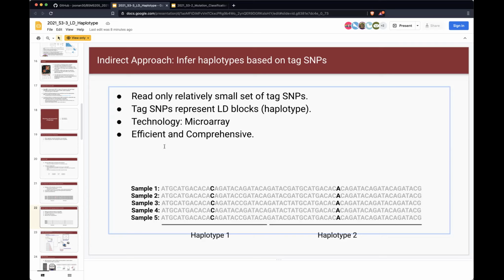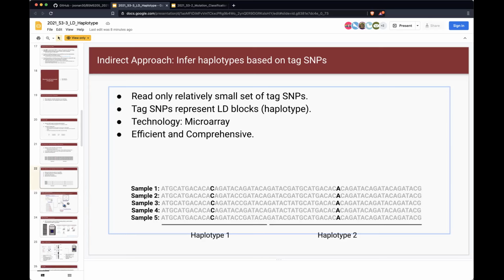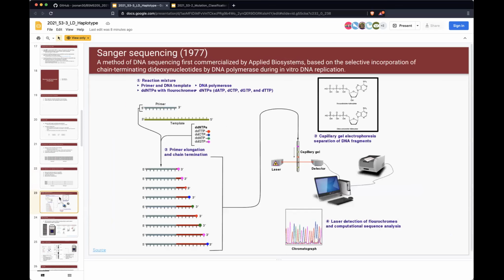And this is a much more efficient and comprehensive approach. So if you look at 5 people's sequences, you tag some SNPs, like here, C and A. You use these 2 positions as tag SNPs, then you only read these 2 pieces of information rather than reading all of the nucleotides in that area.